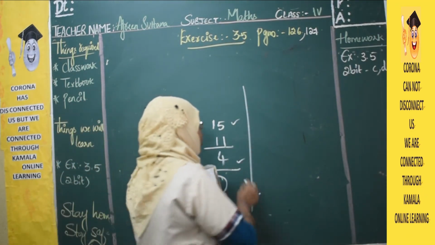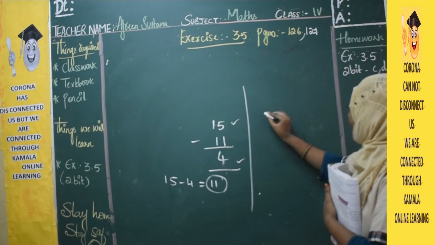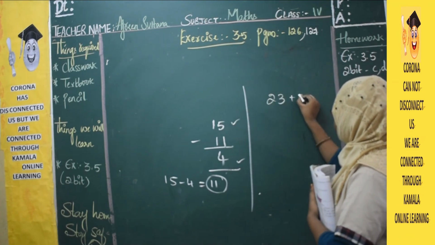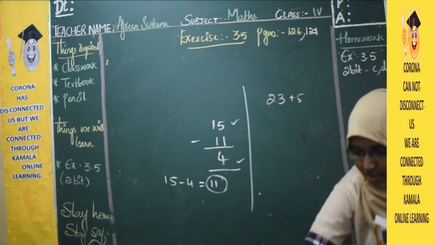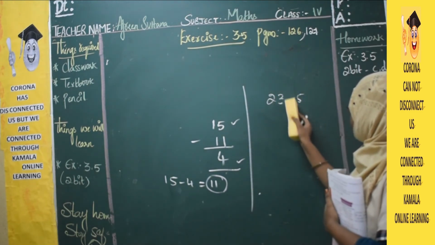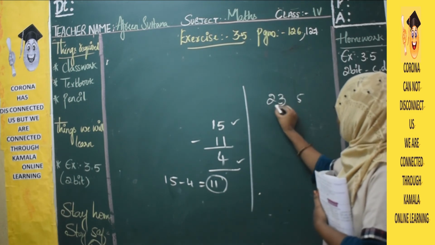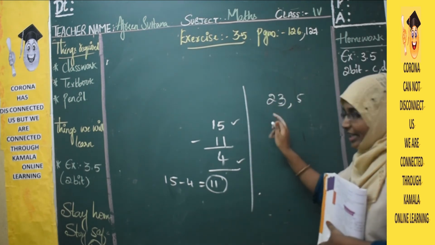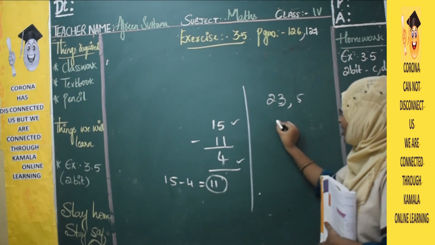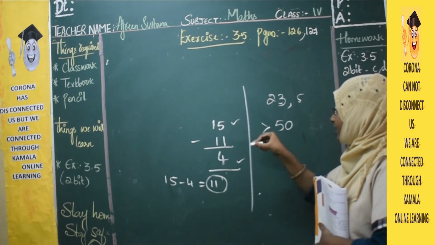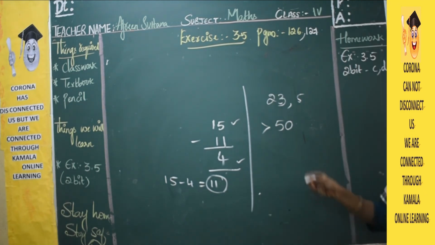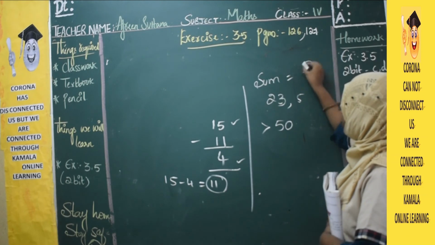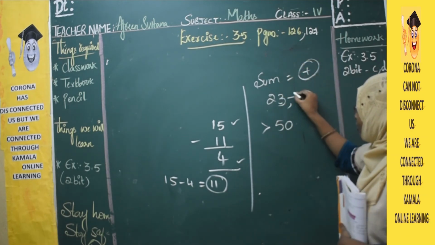Supposing I give an example: find by how much the sum of 23 and 5 is smaller than 50. If you want to find it, first they told us to find the sum, right? Sum means addition or plus.